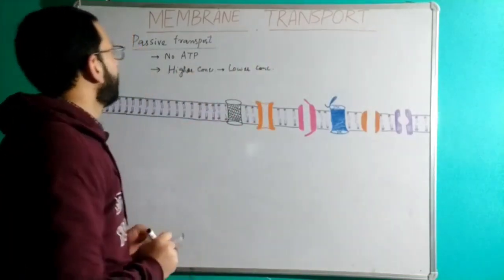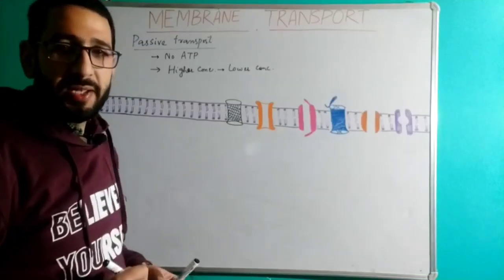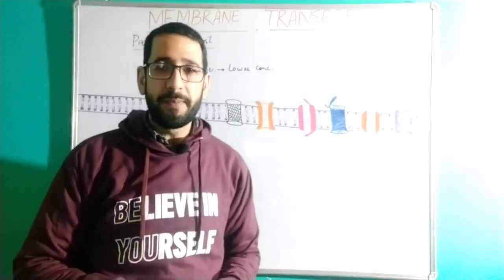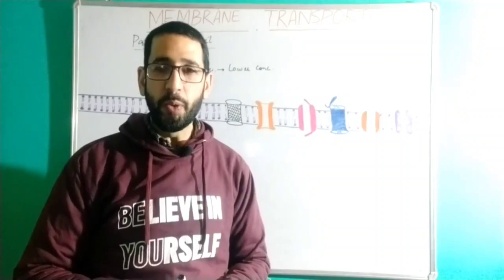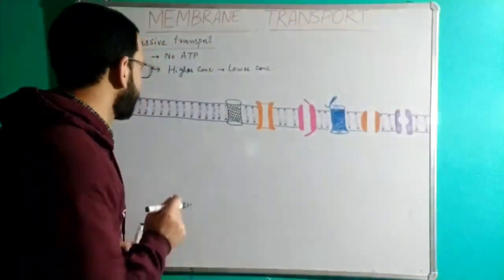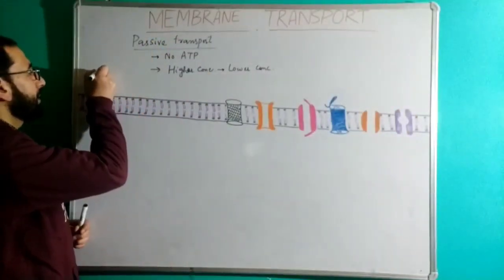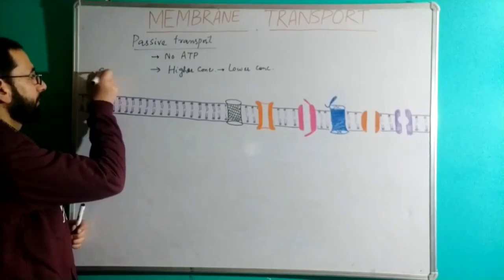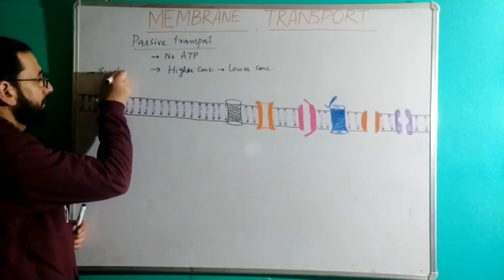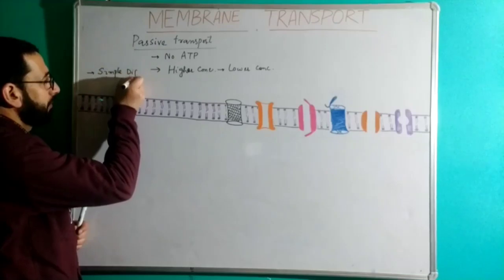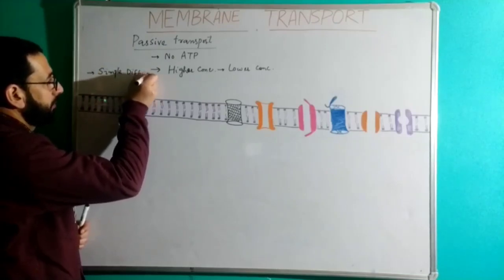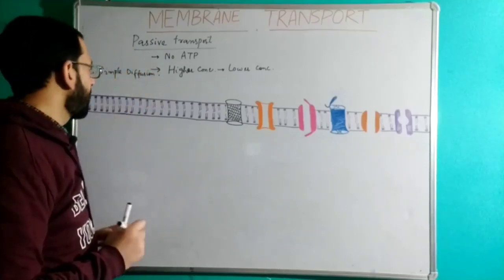Right. Now, passive transport is divided into two types. The first type of passive transport is going to be simple diffusion. So diffusion, we all know.